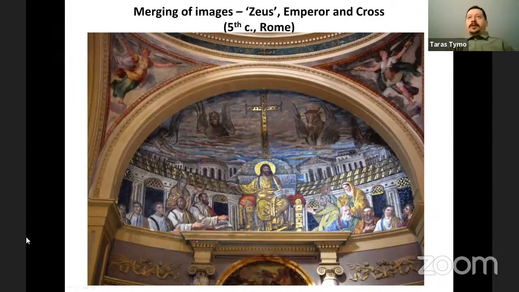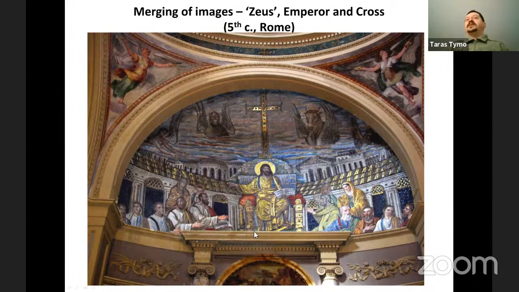Another characteristic of this period is that direct human representations of Jesus are often coupled with or substituted by symbolic representations. Again, this image which we just analyzed from Santa Prudencia represents Jesus twice.